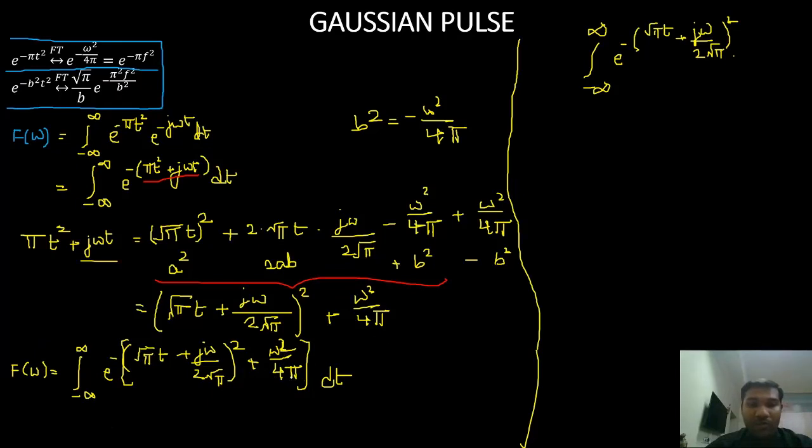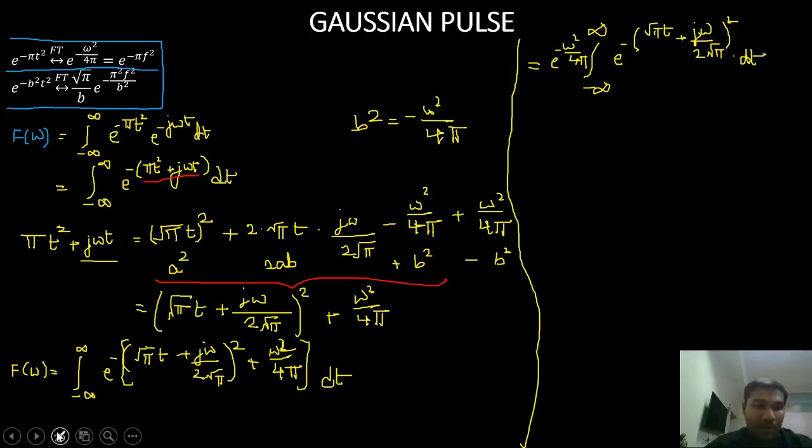Now e power minus omega square by 4 pi is independent of t, so I can write it outside, and I have dt.